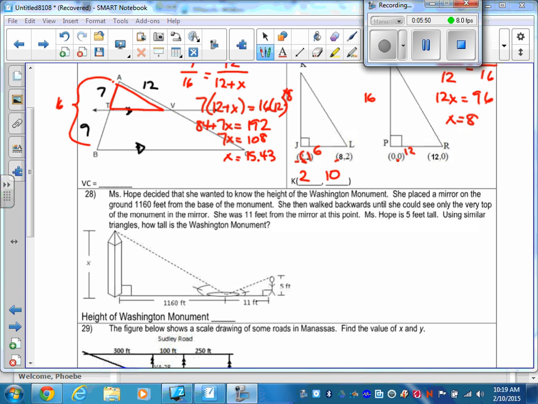Then she backed up. She knows her height. She's pretty short, only 5 foot. And she sees the tip. So these two triangles are similar. This angle is the same as this angle is the same as this angle, and of course these are 90-degree angles. So we use similar triangles to figure this out.